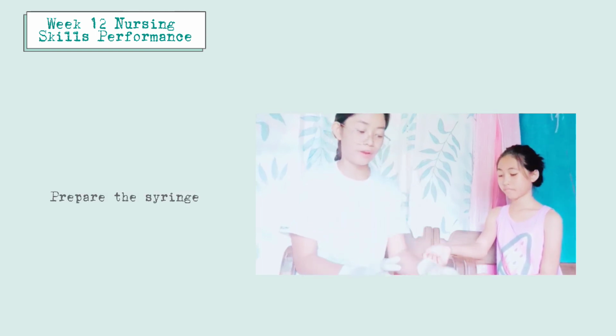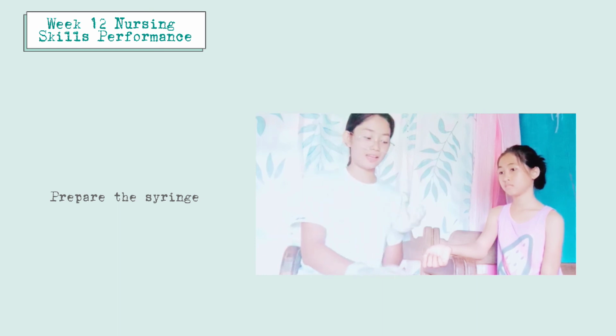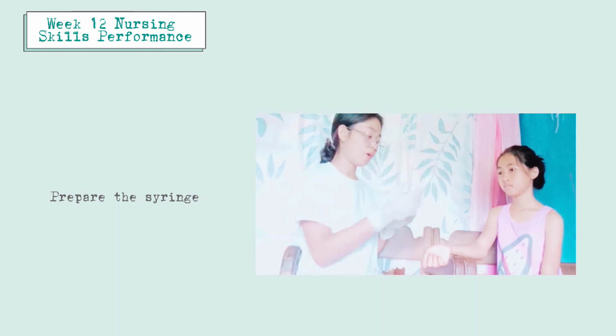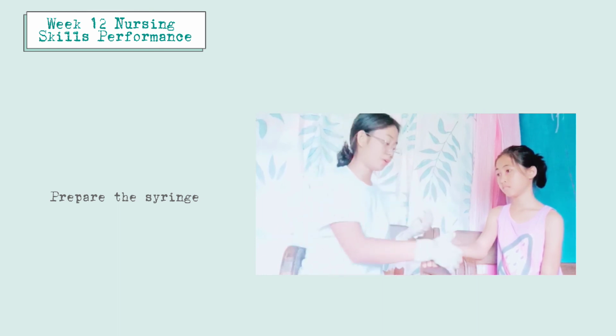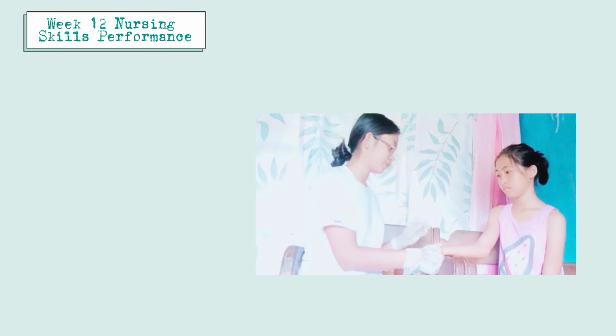Discard this cotton. After we wait for it to dry, we're going to prepare our tuberculin syringe, which is this. It's a 1 cc or 1 ml syringe. We're going to uncap this needle and we're ready for injection. Using your non-dominant hand, hold the patient's arm and with your dominant hand hold the syringe.